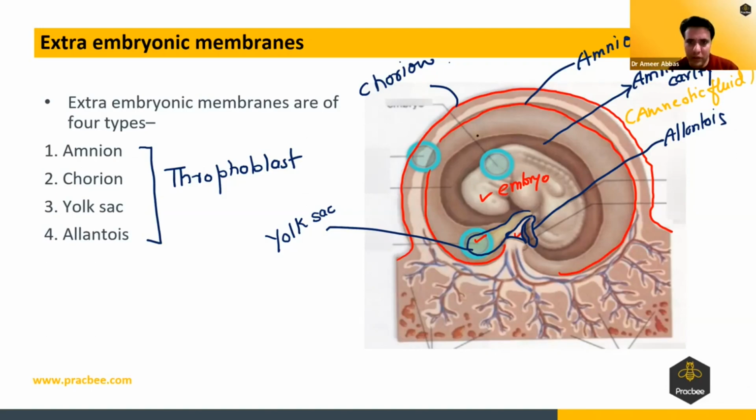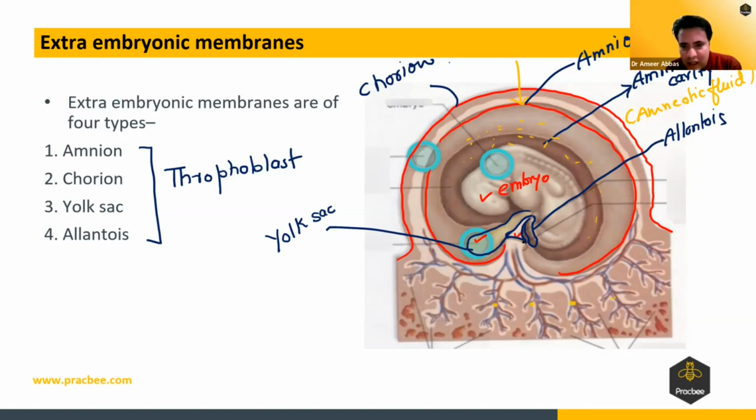So suppose there is a fluid here, and any force is applied here, this fluid can prevent the direct contact of the force, right? So that is how this amniotic fluid is helpful in providing protection from mechanical shock.